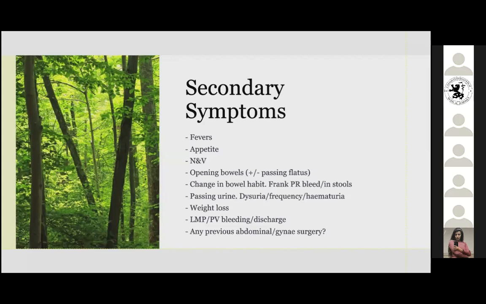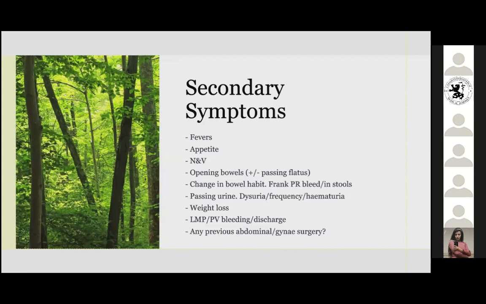So weight loss is really important to ask a patient about. Significant weight loss is generally considered to be more than 5% of a patient's body weight over at least a 6-month period. So if this has happened unintentionally, then you need to think about malignancy.